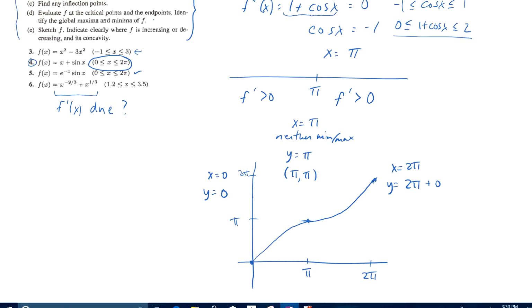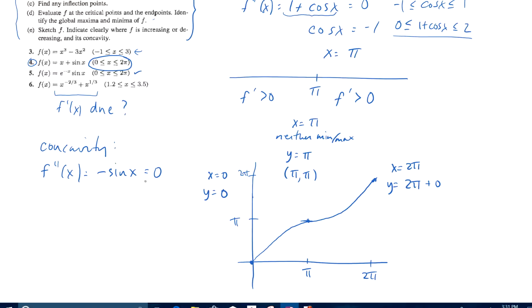Now we want to look at concavity and inflection points. Inflection points are where it changes from concave up to concave down. It looks like here might be concave down. I don't know if it's a straight line or not there; we're going to find that out. It looks like it's concave up there. So let's check out concavity. The second derivative of f, the derivative of cosine, is negative sine of x. We want to find out where it changes from positive to negative and negative to positive.